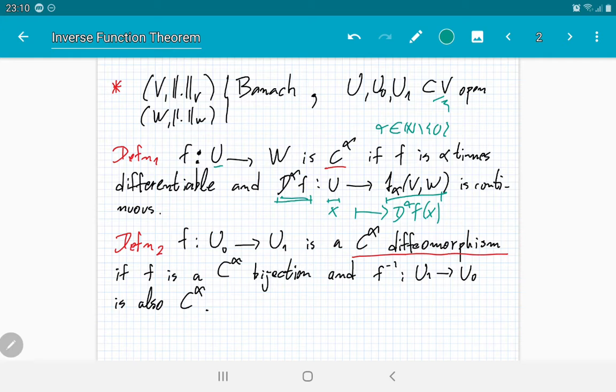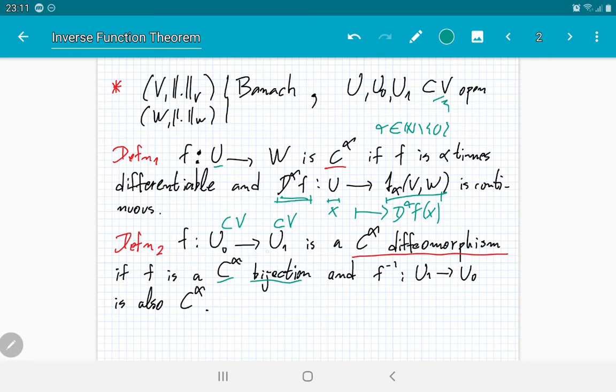Now, there's a stronger concept. I have two subsets, in this case of V, though I could also talk about more general Banach spaces, but let's stick with V here. A mapping from an open set of V to another open set of V is a C alpha diffeomorphism if it's C alpha, so has alpha derivatives, all continuous, and moreover it's a bijection.